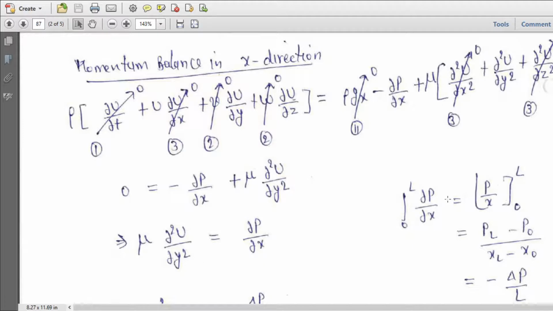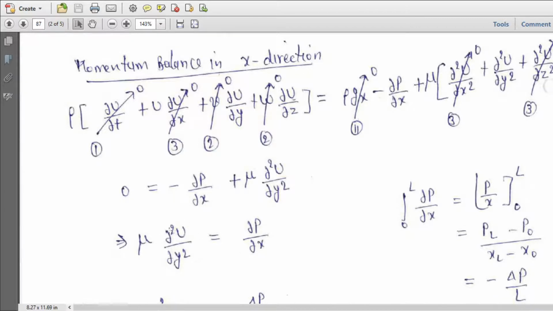This pressure gradient is calculated from 0 to L: PL minus P0 over XL minus X0 is minus delta P by L. So mu d square u upon dy square equal to del p upon del x.